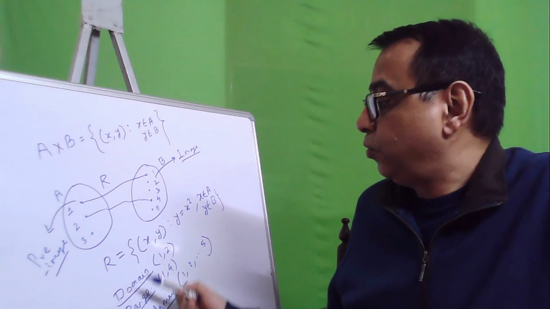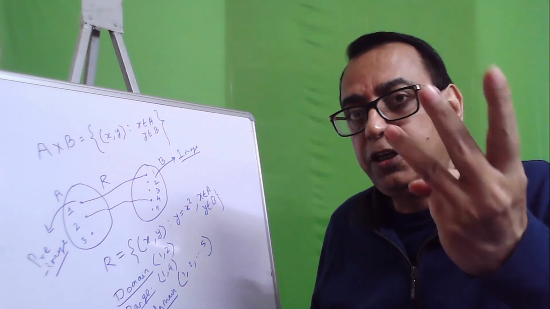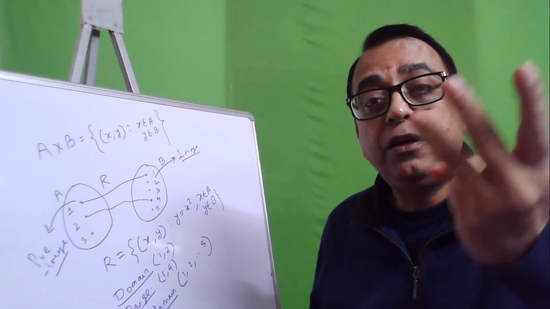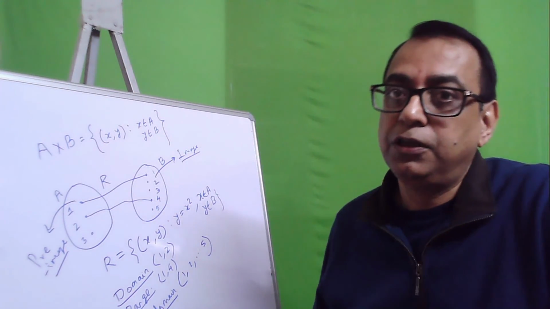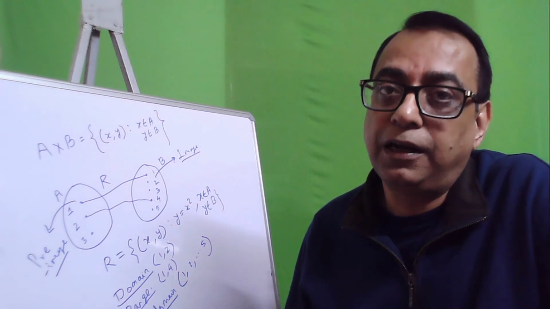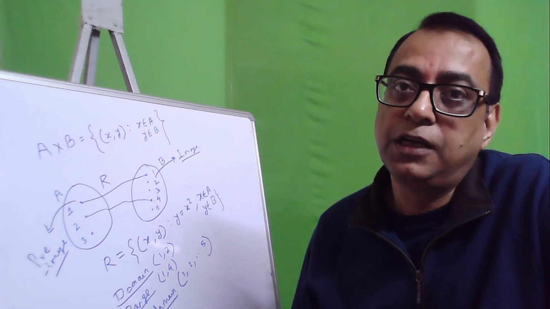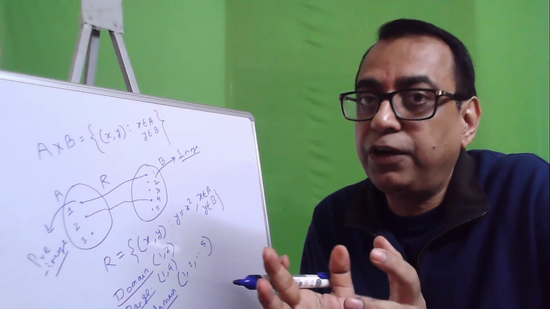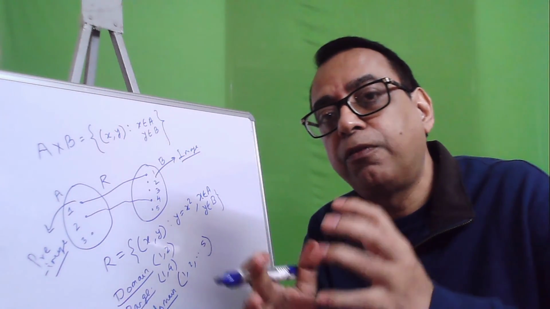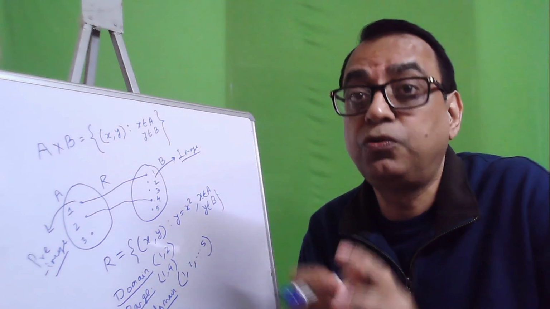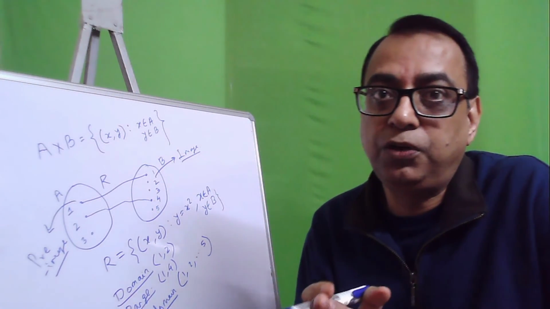One is domain, 2 is range, 3 is codomain, 4th is pre-image, and 5th is the image. So these are the 5 terms that are used for relationship, and that will also be used for functions. So if we are very clear about this, then from there we can derive a lot of permutations and combinations to define different kinds of functions. So let me go into the functions now.